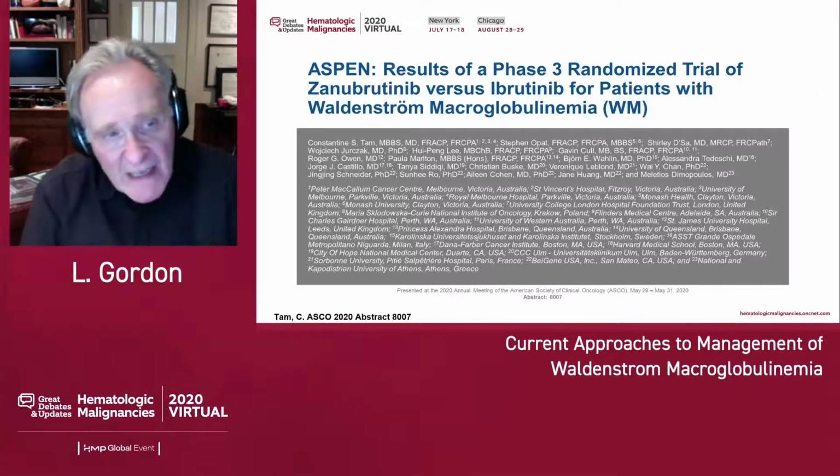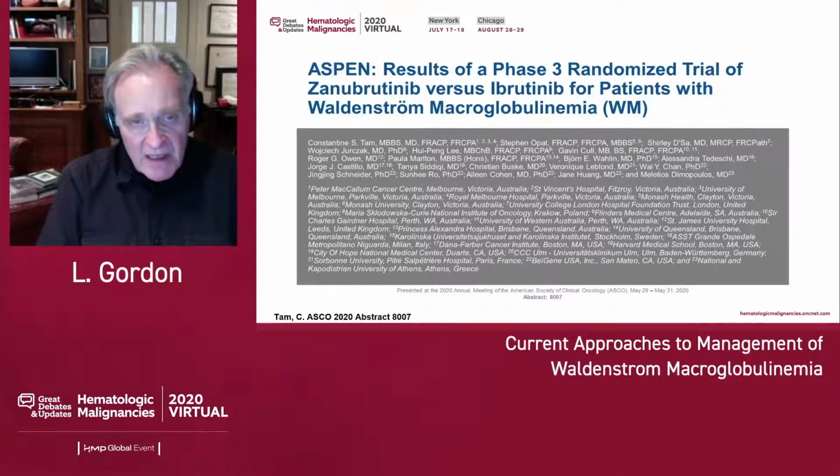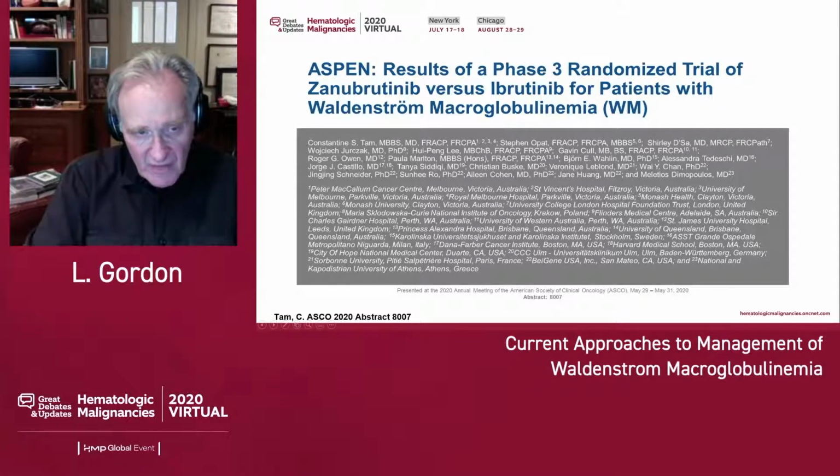And then finally, I'm going to look at the Aspen study. This is results of a phase 3 randomized trial of zanubrutinib versus ibrutinib for patients with Waldenstrom's. This was presented at ASCO virtually this year by Konstantin Tam and the group with a large number of investigators.